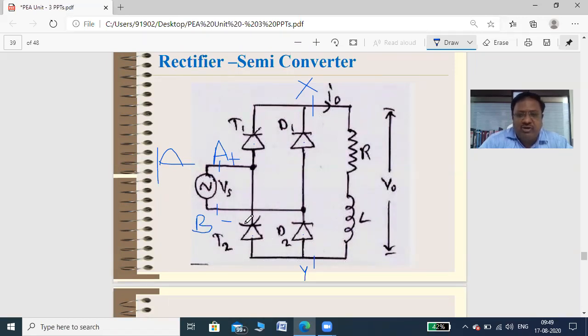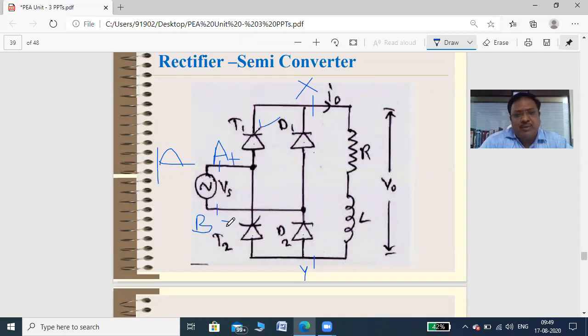So T2 is reverse biased and T1 is forward biased, right? So T2 will never conduct, but T1 conducts during the positive half cycle. At the same time, due to negative B, the diode D1 is in reverse bias, because you are applying negative voltage to the anode of diode D1.